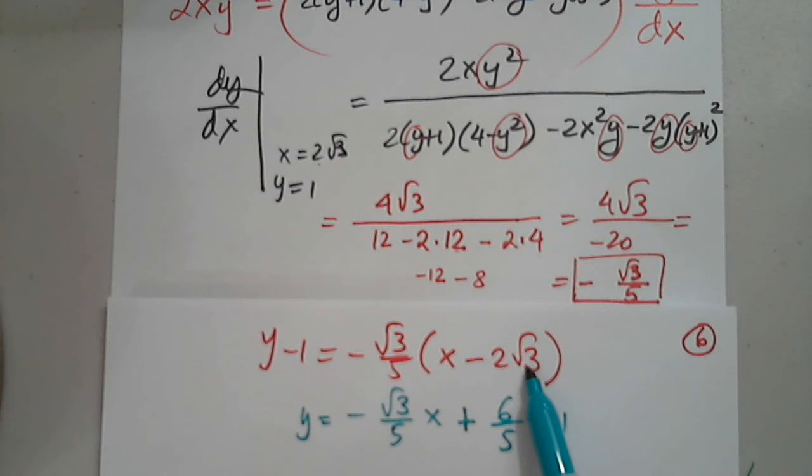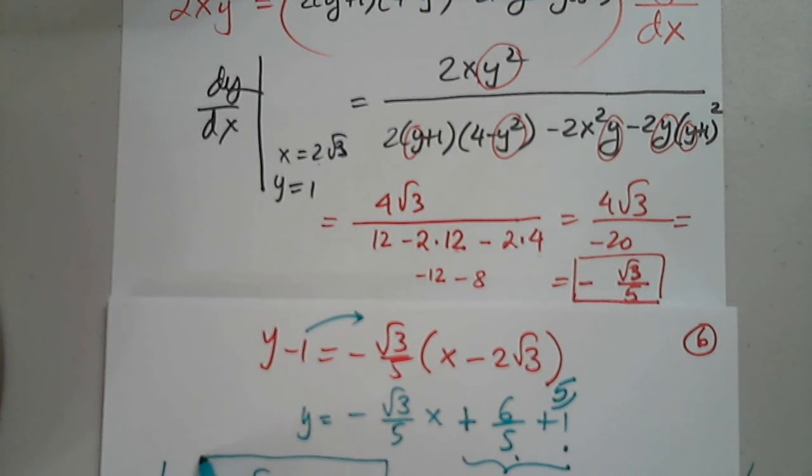This times this, the square root of 3 times the square root of 3 is 3. 3 times 2 is 6 over 5. And this moves to the other side, changing its sign. And I have to find the least common denominator and multiply the top of this by 5. So y equals negative the square root of 3 over 5x plus 11/5.